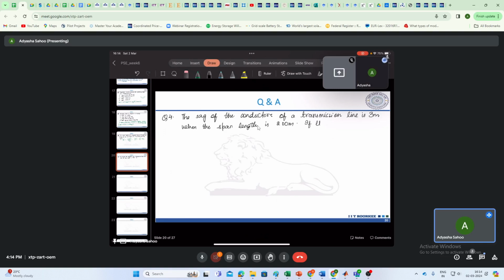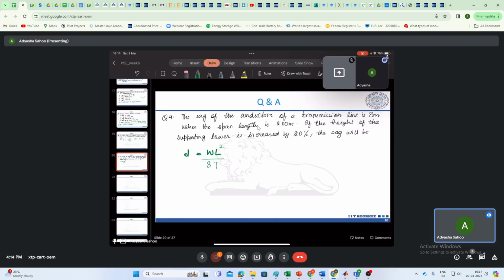If the height of the supporting tower is increased by 20%, the sag will be, so if you remember, sag is WL square by 8T.